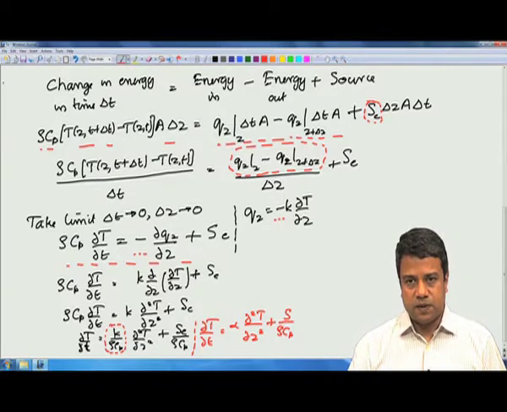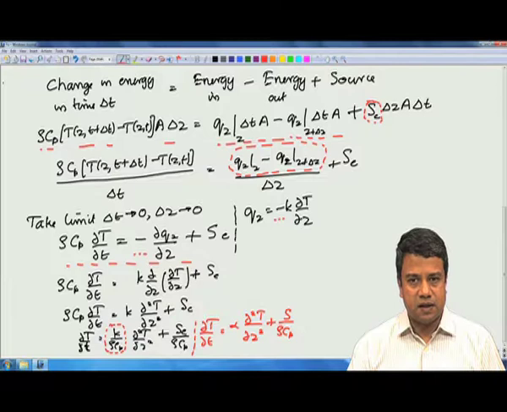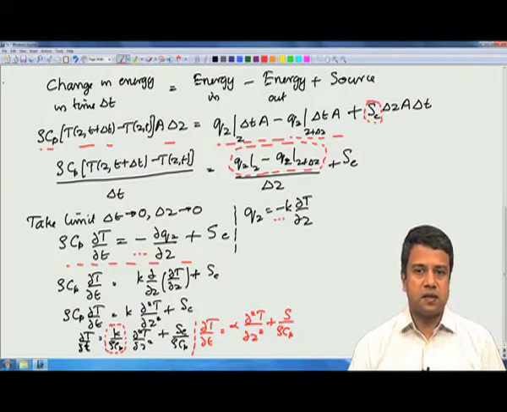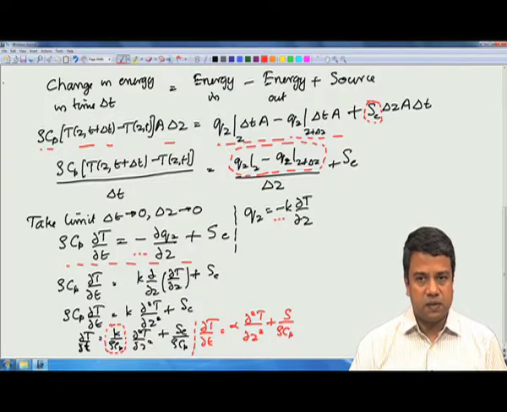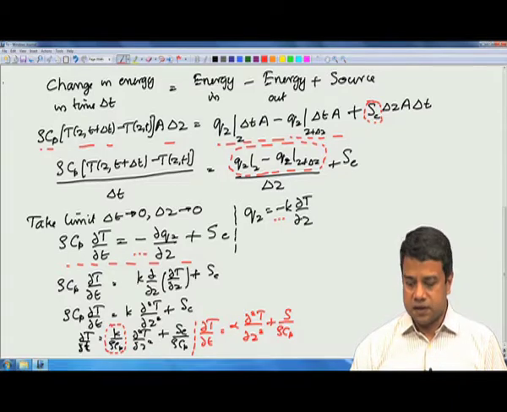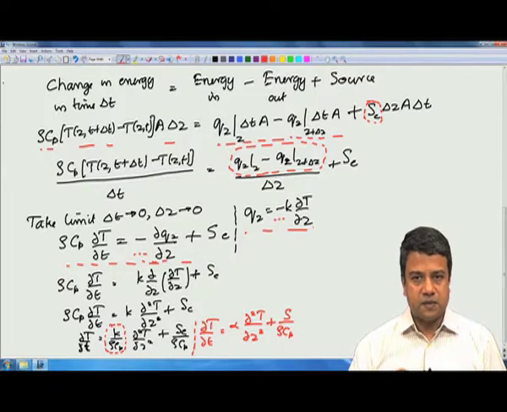Once you have this expression, now we use the constitutive relation. If you recall, in the beginning lectures I had said that there are two components to this. One is the balance law, which basically states that what comes in minus what goes out plus sources has to be equal to the rate of accumulation. That is one component. The other component is the constitutive relation. That constitutive relation is required for this flux. In this particular case, the flux is purely diffusive because we have not imposed any velocity field.